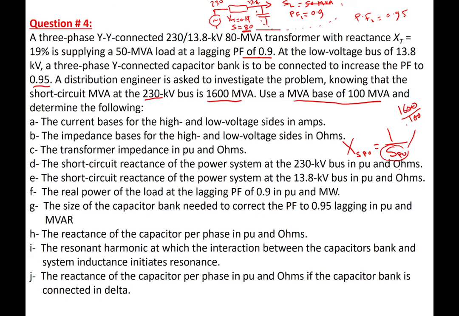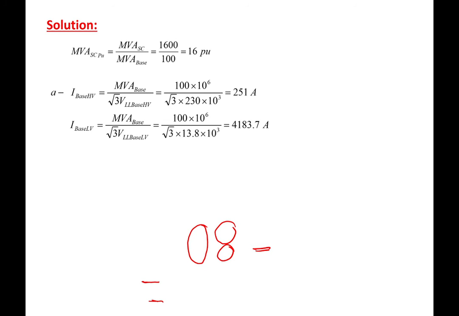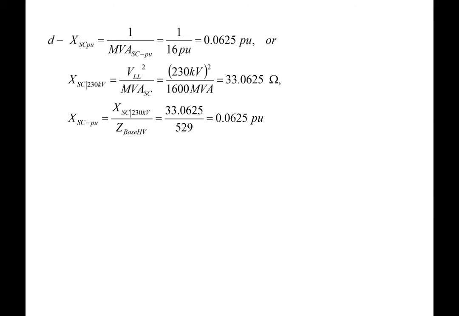Okay, to find it in ohm, referred to the 230 side, we need to multiply it by Z base for the high voltage side, and then you do it for the low voltage side. So the X short circuit in per unit is 1 over 16. We did that one.